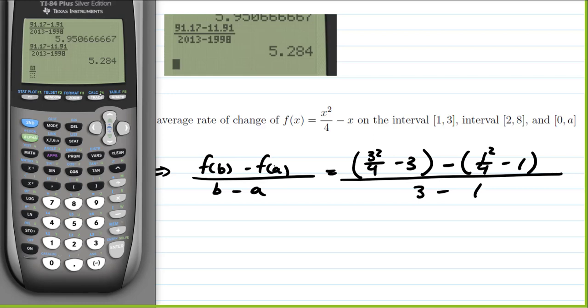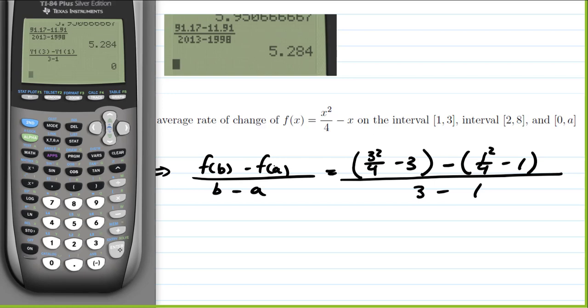So we have alpha trace, we select y1, so y of 3 minus alpha trace y of 1 all over 3 minus 1. And our calculator gives us that the average rate of change on [1, 3] is 0. If you were to type all of this into your calculator right here, indeed you would end up getting the number 0.